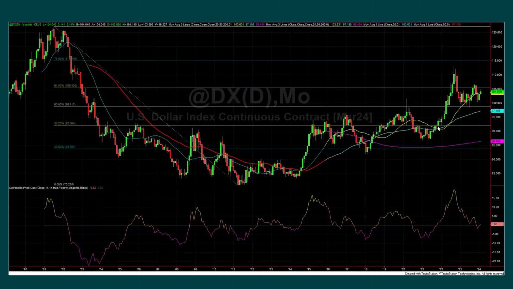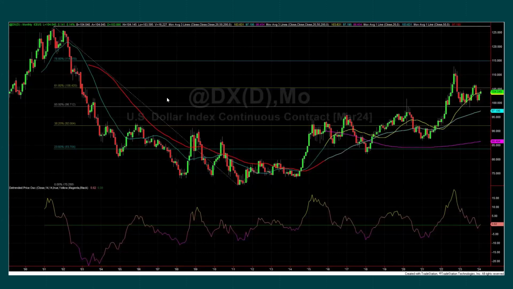Right now, as you can see, the dollar index is sitting right on the 20-month moving average. We broke below it, came back, and are about to cross it. So basically, this is where the dollar's strength has been. And you can see we are right against 61.8%. So that's a challenge.